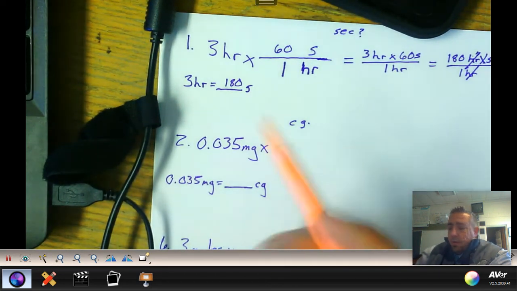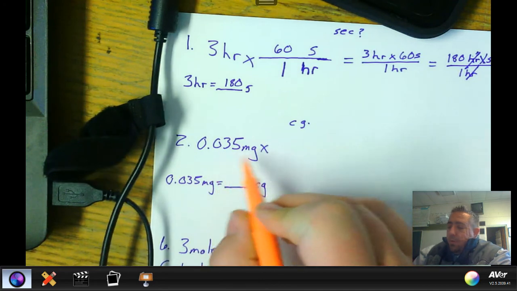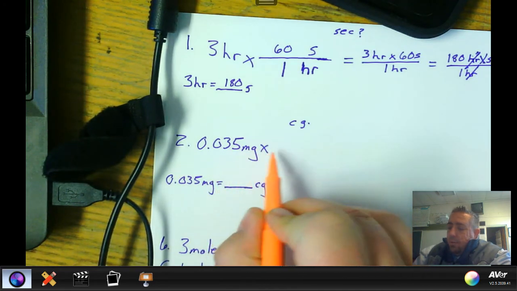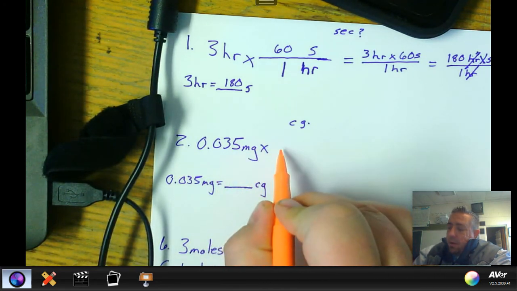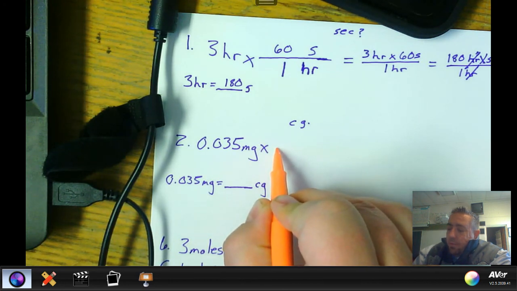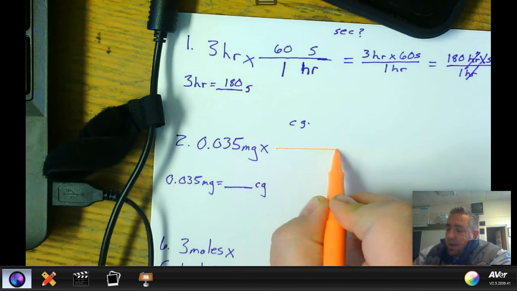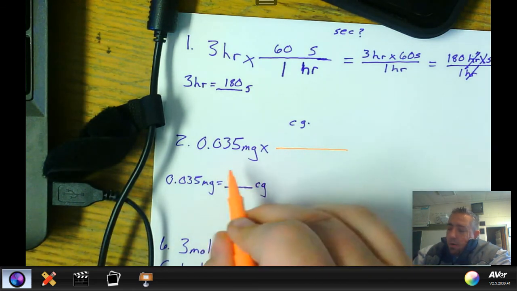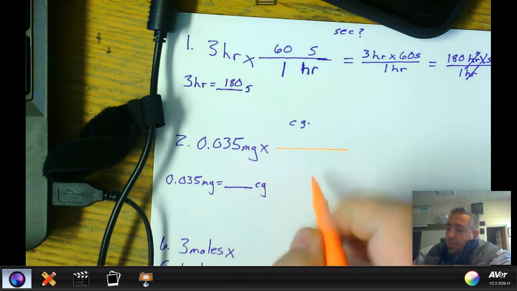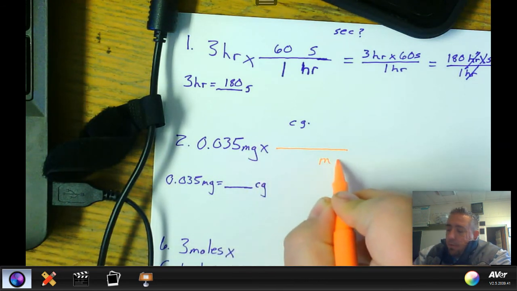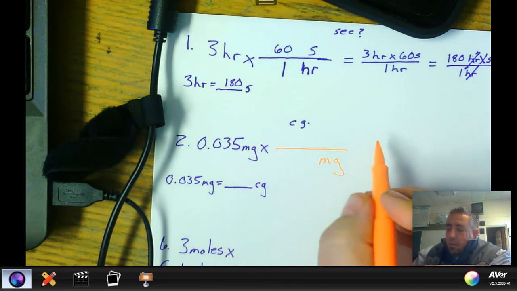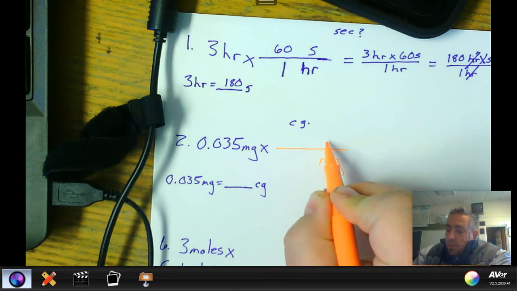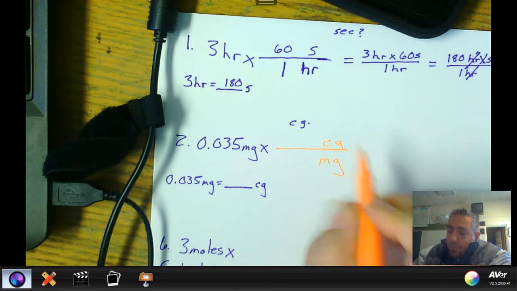Okay, so 0.035 milligrams, and it wants to know how many centigrams that would be. I'm not going to be as in depth with my steps here, but we want to get rid of the milligrams, and we're going to centigrams.